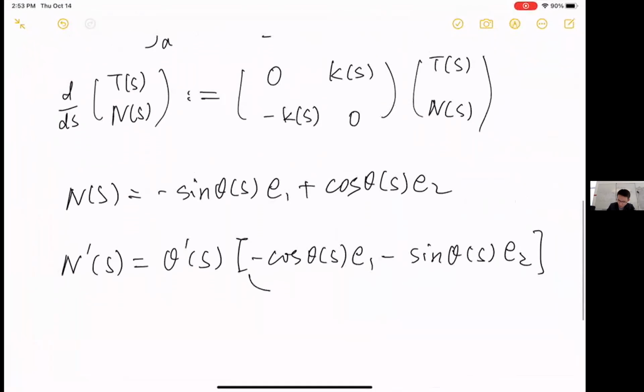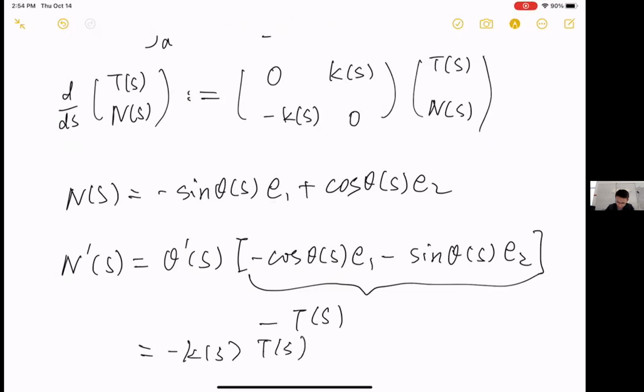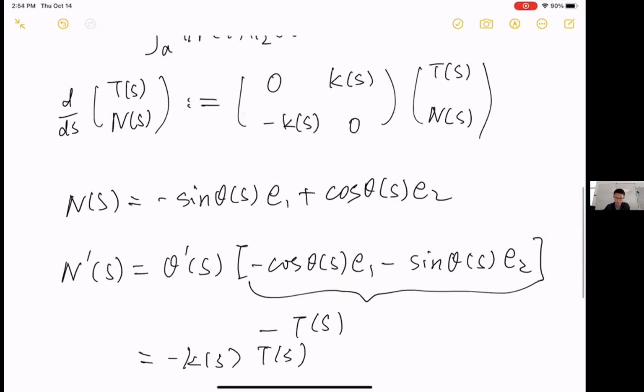But then what is this within the parentheses? This is just a negative T(s), right? Because T is cosine theta e1 plus sine theta e2. So basically we have this negative, which is equal to negative kappa(s) T(s). This gives us the formula showing on the top.